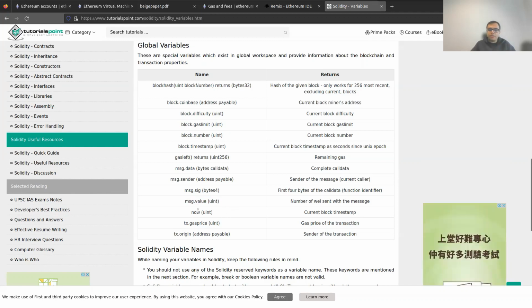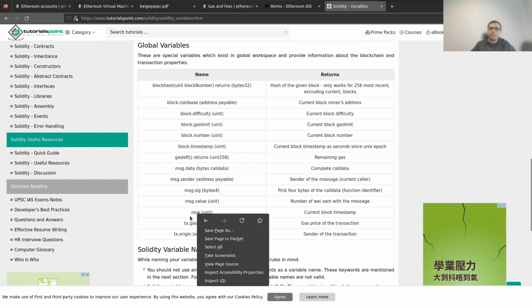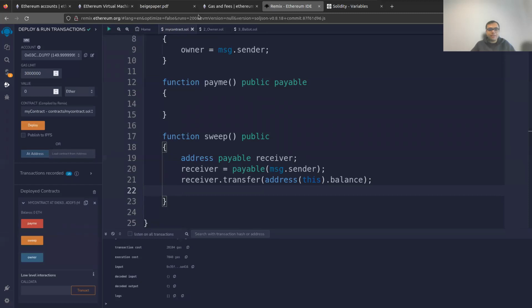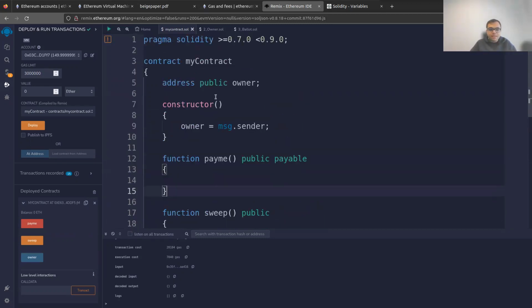You can see how much money was sent. You can take something called now, which gives you the timestamp of the current block. You can ask for the gas price in the current transaction. Oh, that's actually what we could not set in this virtual machine, but we can ask for it. So that's nice.